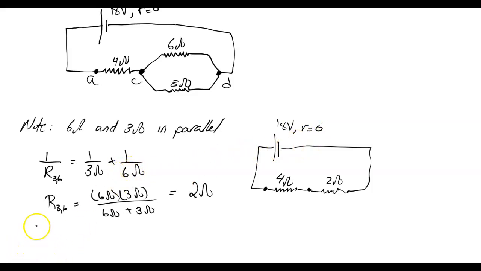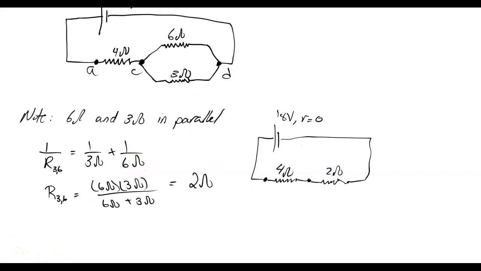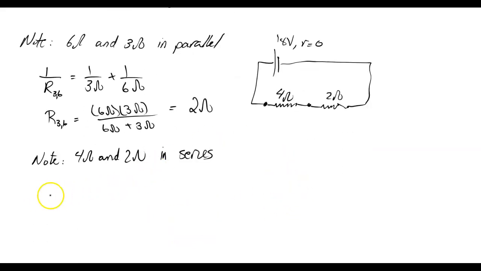And now you notice that the 4 ohm and 2 ohm in this circuit are in series, which means that the equivalent resistance is their sum. So this gives us 6 ohms.